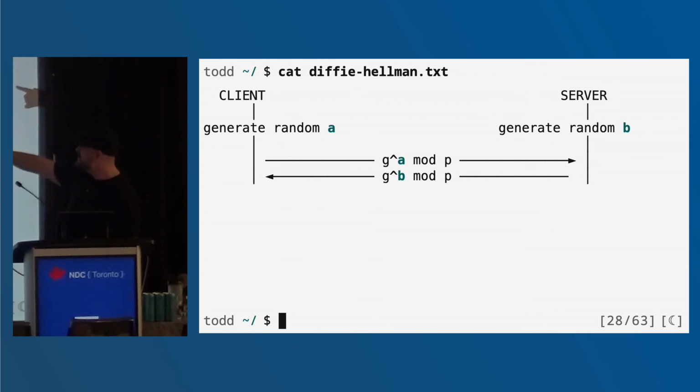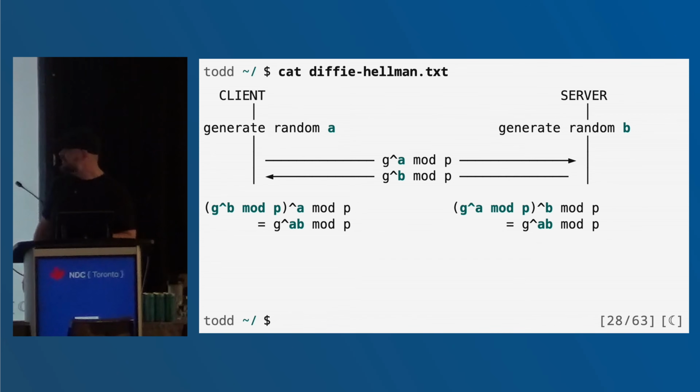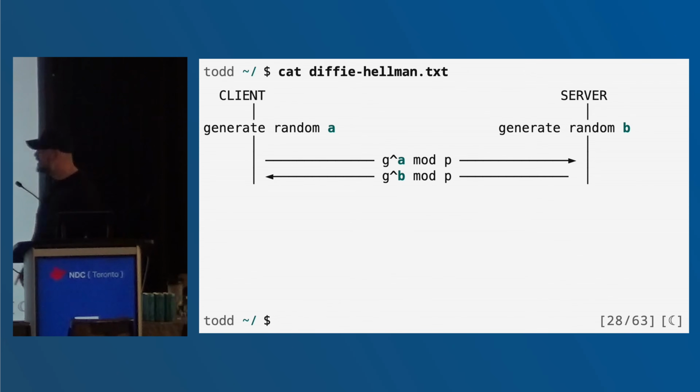Well, the client and the server both generate secrets, A and B, using the ciphers that were negotiated. An observer on the wire, say the NSA, can see the values of G to the A and G to the B move over the wire. These G and P values are like predefined known values.